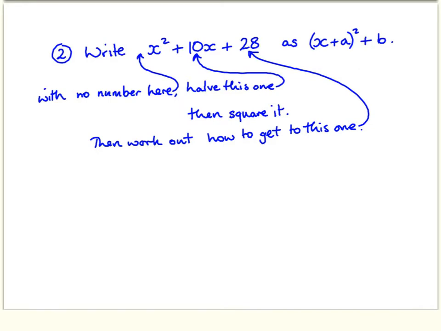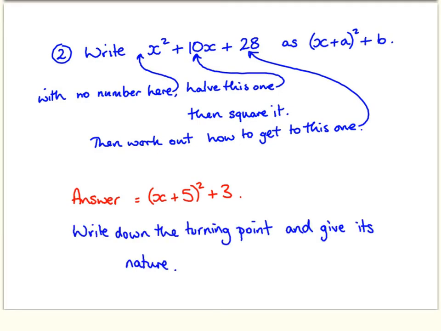From the 25 you've got to 28, end up having plus 3. That is where this one comes in. Okay, so this one is halved to give you this one down here, plus 5, and then 5 squared is 25, plus 3 to get you 28.